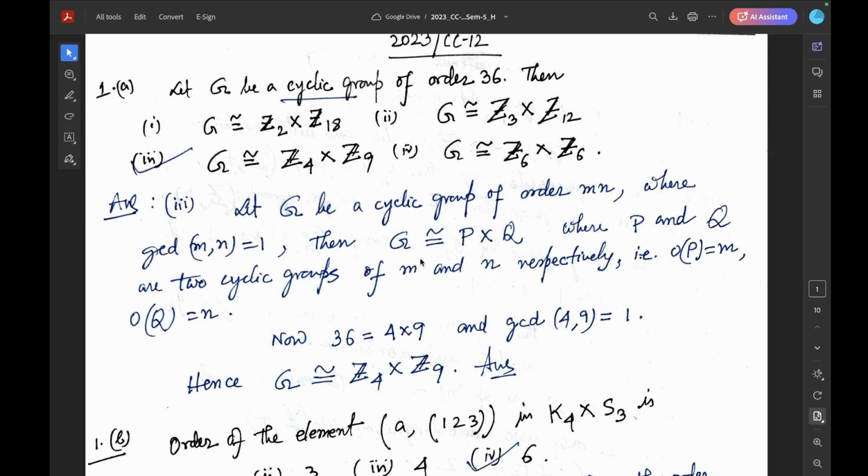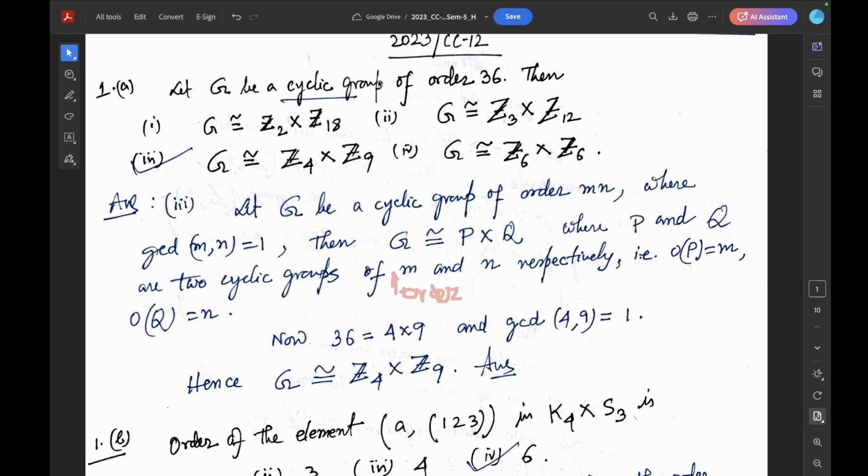Then G is isomorphic to P cross Q, where P and Q are two cyclic groups of order m and n respectively, where order of P equal to m and order of Q equal to n.